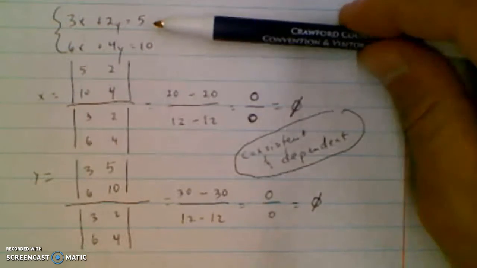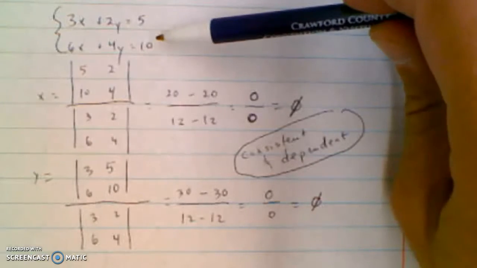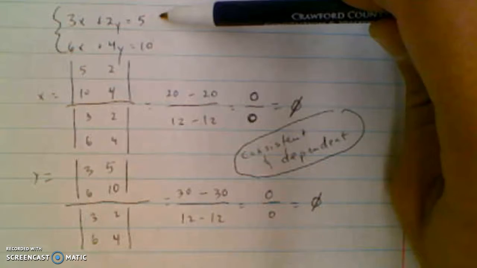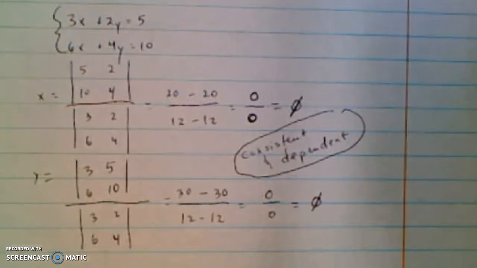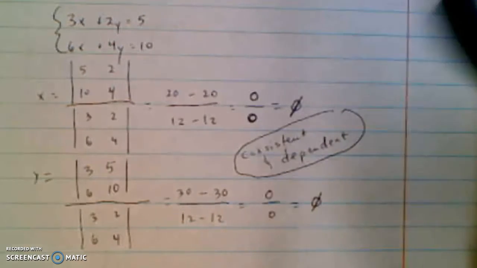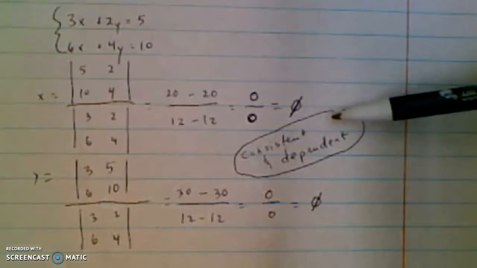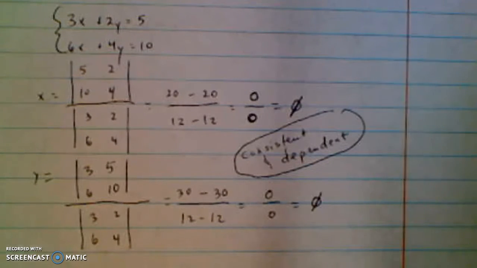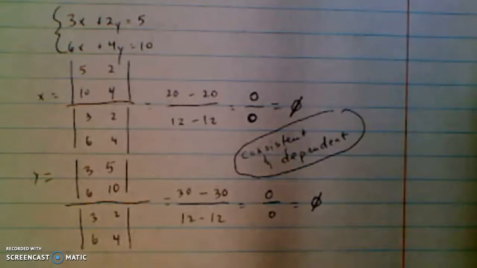If you look at our system, the bottom equation is just the top equation multiplied by 2, so anytime you multiply everything in the equation by the same number, it doesn't change the value, so they're essentially the same equation. So this has a consistent dependent system, is where the lines are exactly the same, and it has infinitely many solutions.